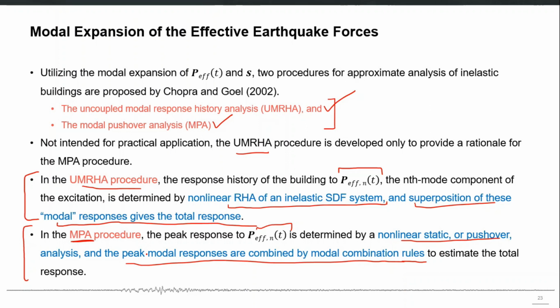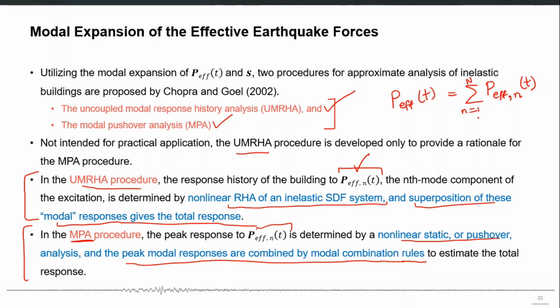So both of these procedures are based on the idea that the effective earthquake forces can be decomposed into the sum of P effective n, which is the nth mode's contribution. So the effective earthquake force P effective total is decomposed or expanded as a sum of P effective n. Each will be a function of time, obviously, and n can be from 1 to capital N, the total number of modes, for example.